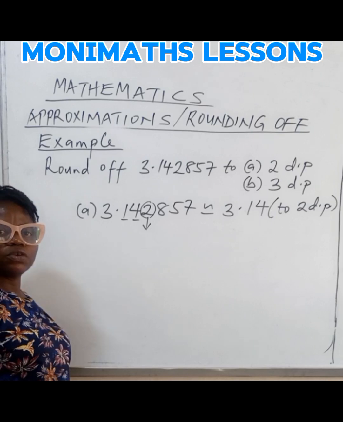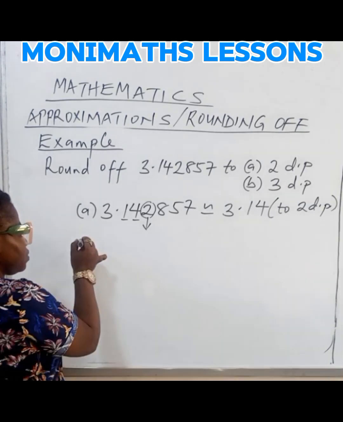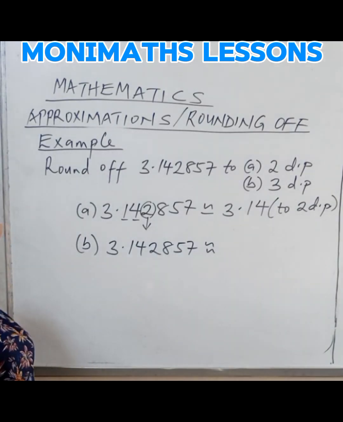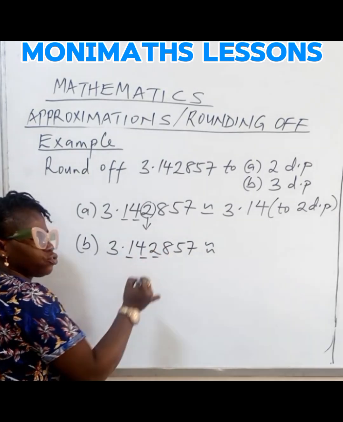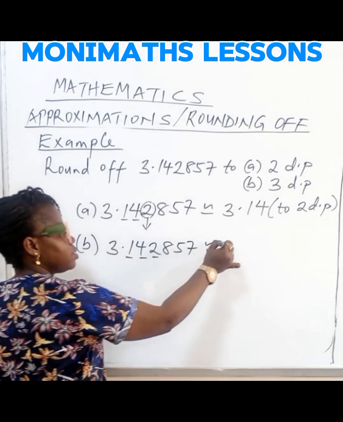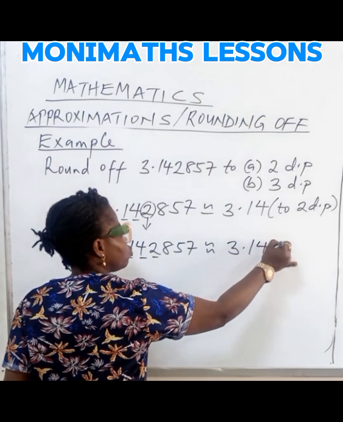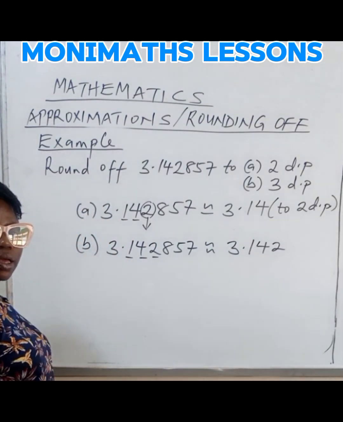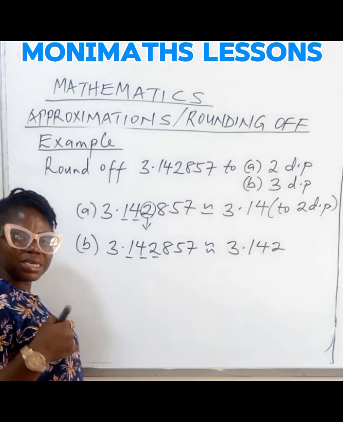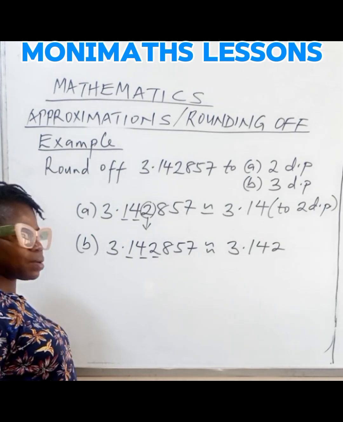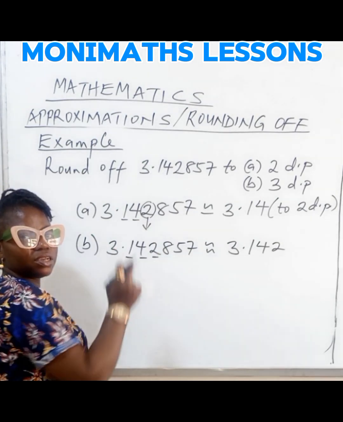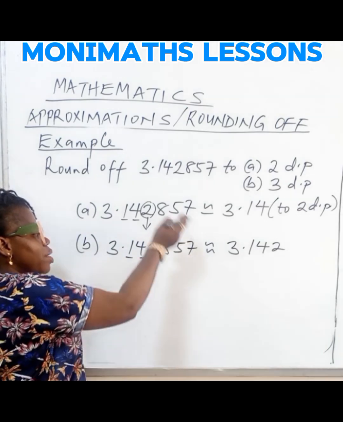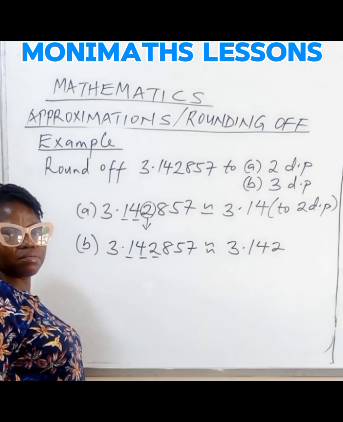Now let us round off to 3 decimal places. The first 3 decimal places here are 1, 4, and 2. So I'll write 3.142. I won't just stop there. I will consider the digit immediately after the third decimal place, which is 8. If the digit is up to 5, it will be rounded up upon the third decimal place.